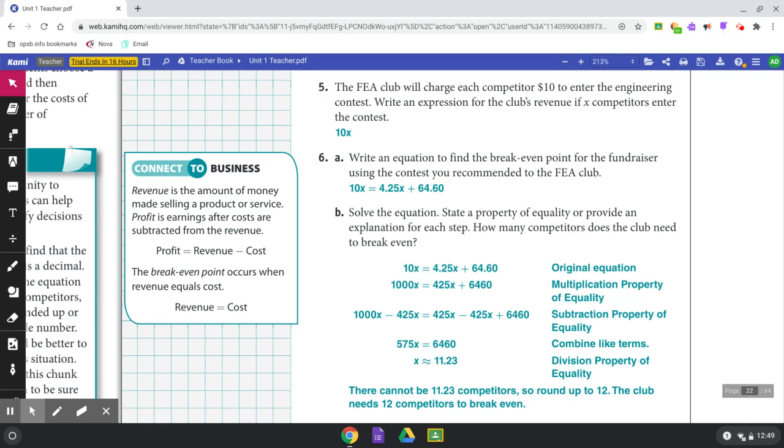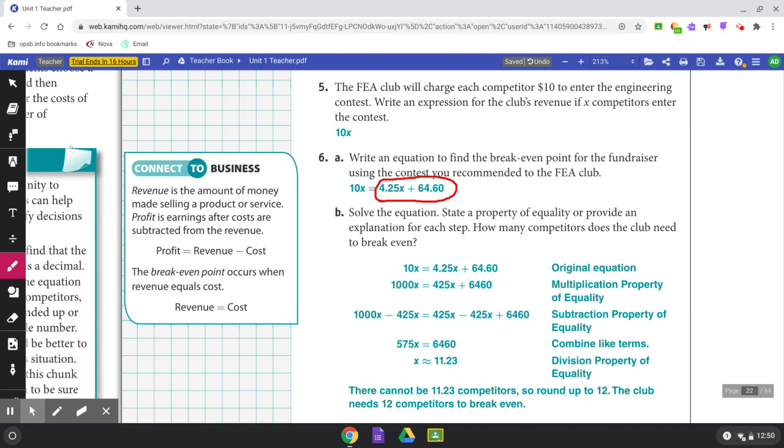Number 6, part A, write an equation to find the break-even point for the fundraiser using the contest you recommended. So I'm going to say, okay, in order to put on the contest, it's $4.25 times the number of competitors plus $64.60. That's the expression that represents the cost of the card tower competition.